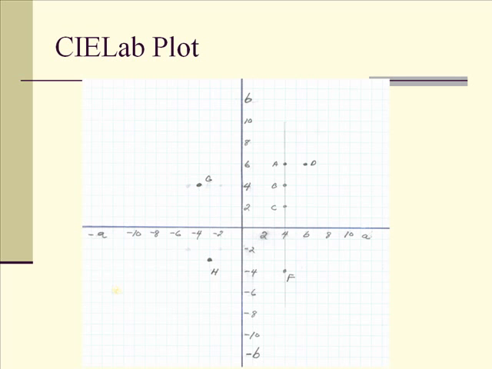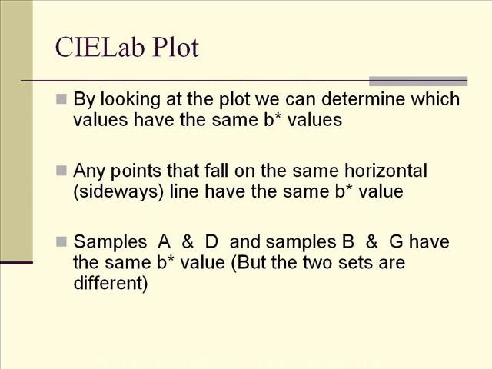By looking at the plot, we can determine which values have the same B values. Any points that fall on the same horizontal, or sidewise, line have the same B value. Samples A and D and samples B and G have the same B value, but the two sets are different. So now this shows the values with the same B value.